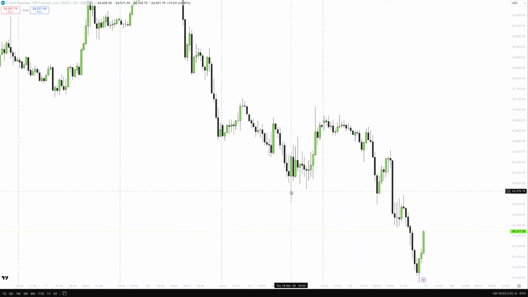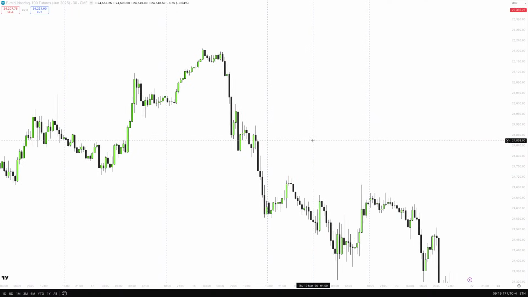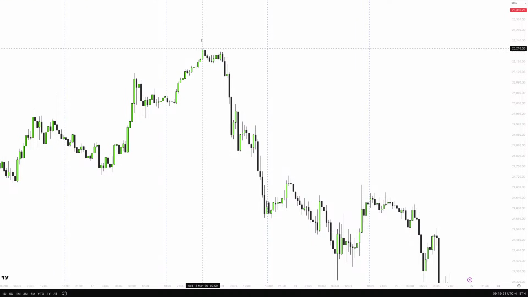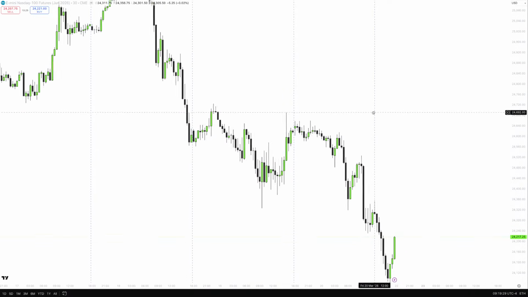The opening was at 9:30, so before we opened up, we moved 324 handles so far. So that is not too big of a move. When we compare it, for example, to the daily move we had on Wednesday. Like on Wednesday, we had a move of 645 handles.